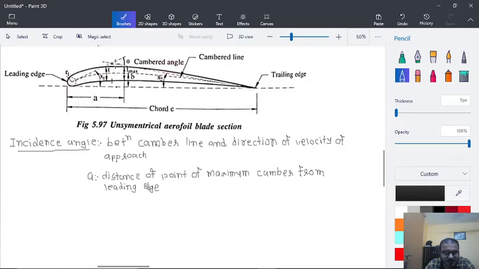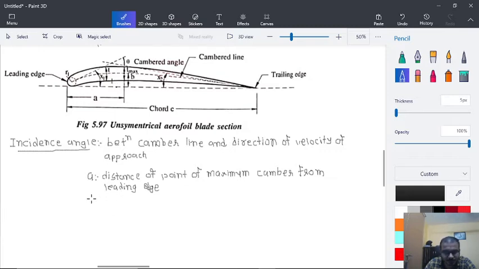Then the next one is x1 angle. X1 angle is here. For the camber line at the leading edge we have drawn a tangent, and the angle that this tangent makes with the velocity of approach direction is known as camber angle.